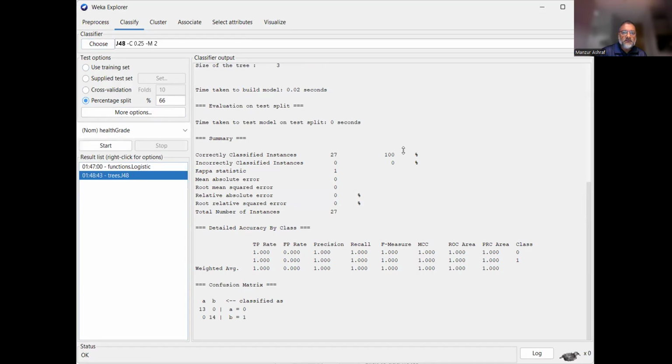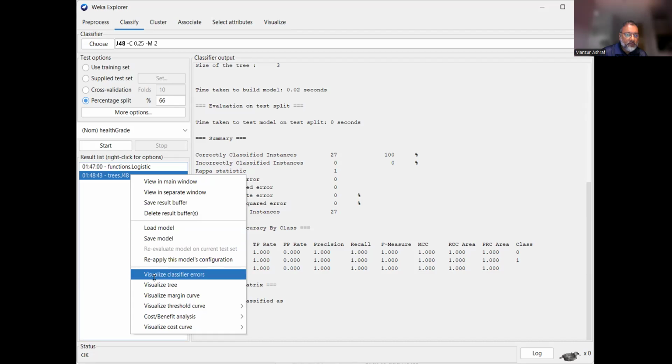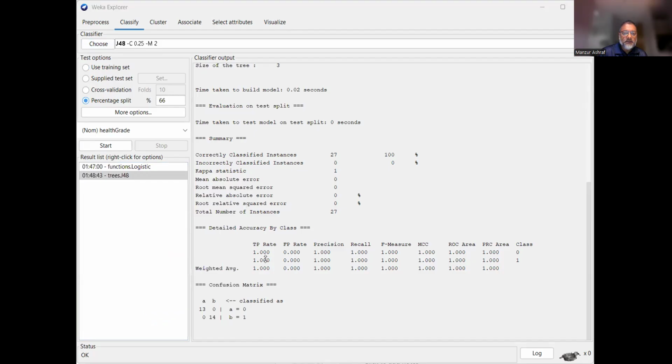Then also we can see it's 100% accurate. So this data set is pretty much accurately identified by all the algorithms, right? And if we look at the visualized tree, then you can see that depending on HRV, we can decide if it is a 0 class or 1 class, right? Based on only HRV, we can really define that.